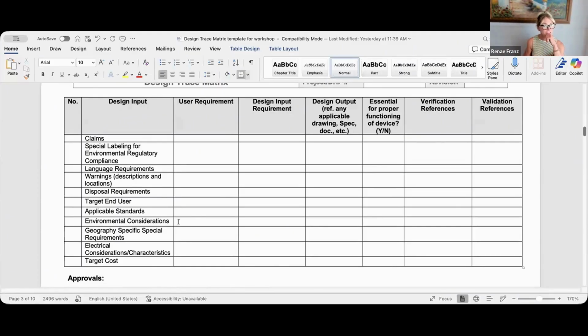Environmental considerations for the product, any geography specific special requirements. So for the blood mixer, what we didn't realize, one of our calculations was the specific gravity of blood. We didn't realize that different populations throughout the world had different specific gravities of blood. So the device worked great here, but we got to Japan where their specific gravity of blood was different, and we were overdrawing the blood donors, which is a risk to them.